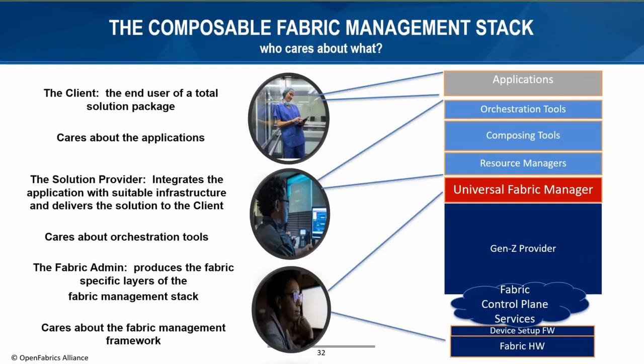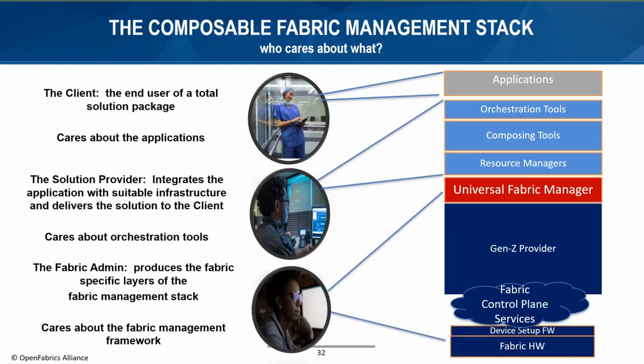And then the common functions of the UFM are implemented for specific fabrics via a fabric provider. That's the proposal we made in the last session. We also noted the common functions that are required of the fabric management portion of a composable execution environment.